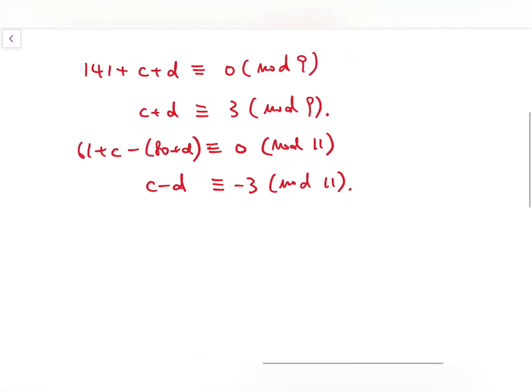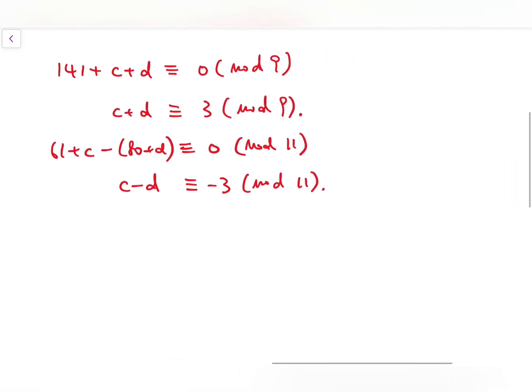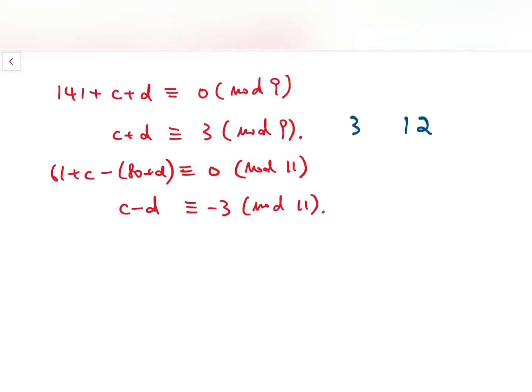So now we can try out the cases. C plus D can either be 3 or 12. Well, for the mod 11 equation, restricted by the nature of C and D, they have to be digits. They have to be integers between 0 and 9.